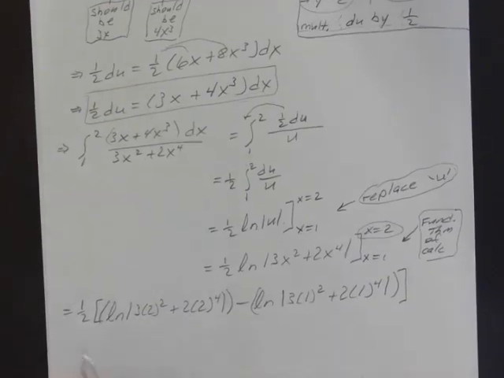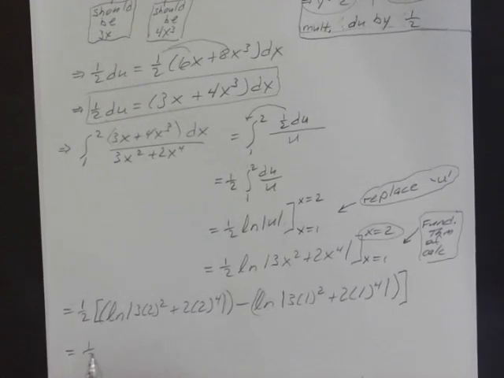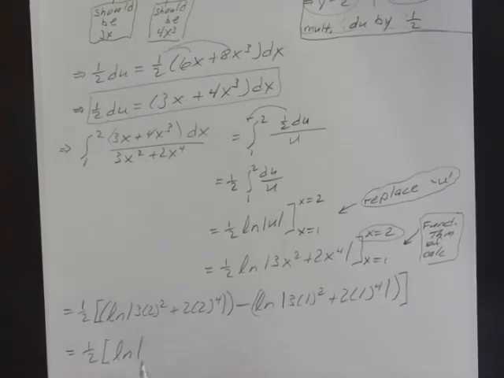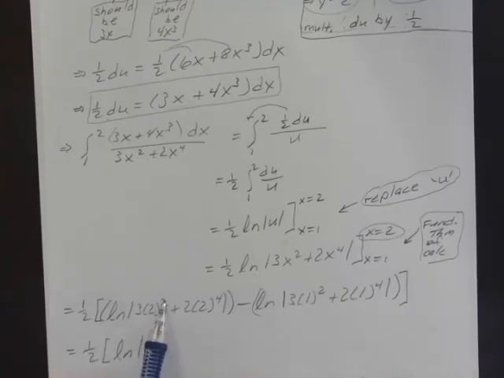Okay, so if we simplify that, we have 1/2 times the natural log. We have 2 squared, which is 4. 4 times 3 is 12. Plus 2 to the fourth power. 2 times 2 is 4. 4 times 2 is 16. 16 times 2 is 32. 32 plus 12 gives us 44.